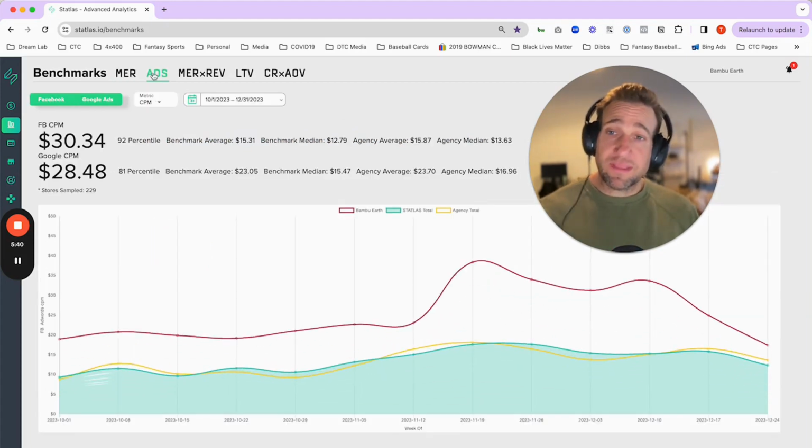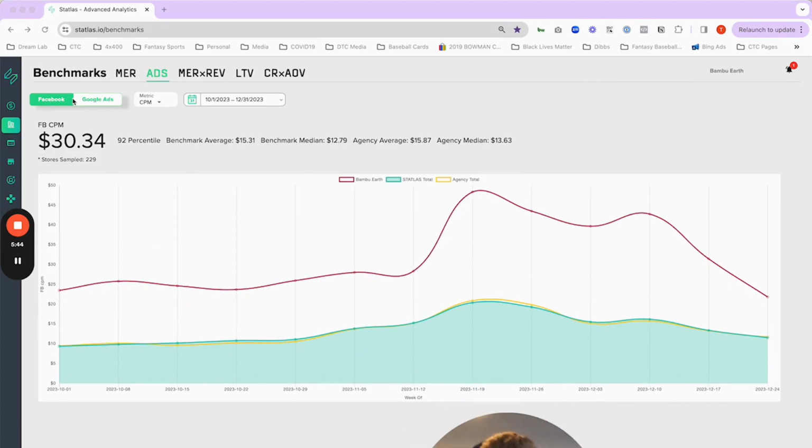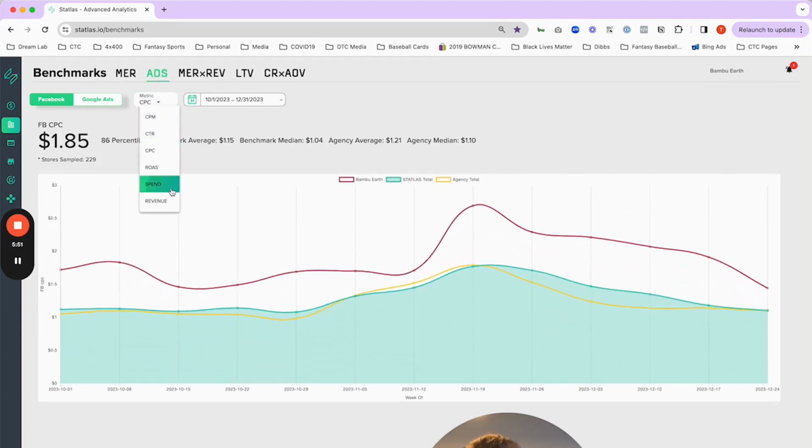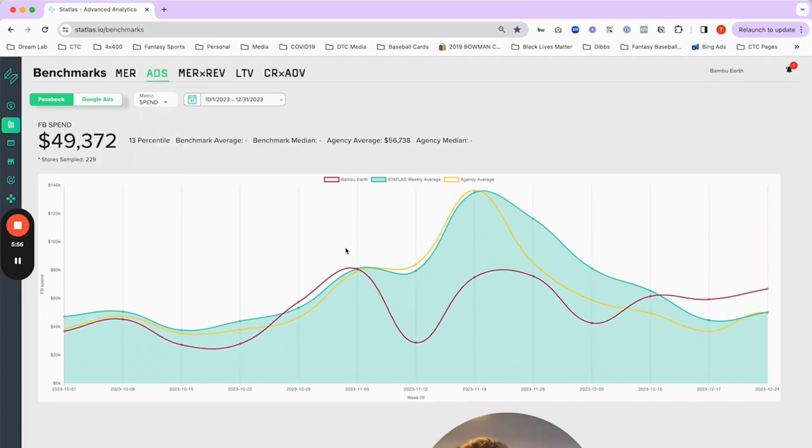Now, some of the other places I really like to use benchmarks is in individual ad performance, where you can see here, we're able to look at Meta and at metrics across CPM, CTR, CPC, ROAS, spend, revenue, etc. One of the things that often informs our data and presentation is you'll hear a lot of stories about things like brands starting Black Friday earlier than ever before, right?